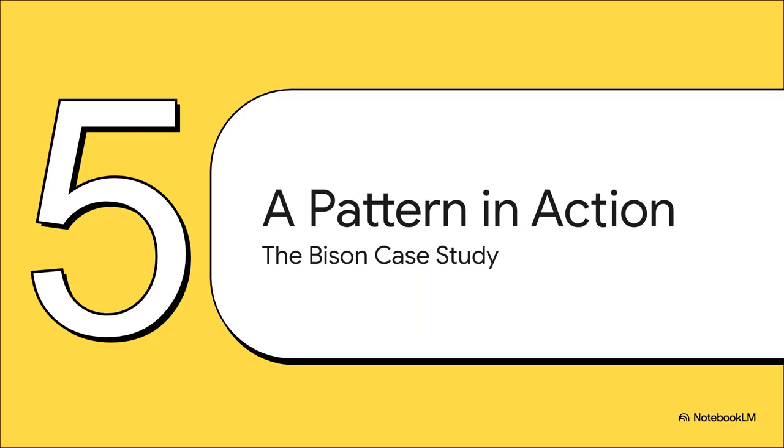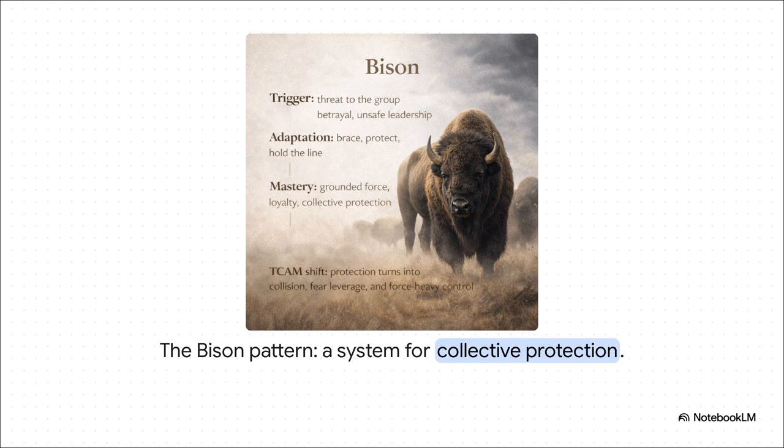So, that's the theory. Now let's see how this whole thing actually works in practice. We're going to walk through a complete case study, the bison pattern. Here, you can see the entire sequence in one place. For the bison pattern, the trigger is a threat to the group. The adaptation: brace and hold the line. In mastery, this becomes grounded, collective protection for everyone.